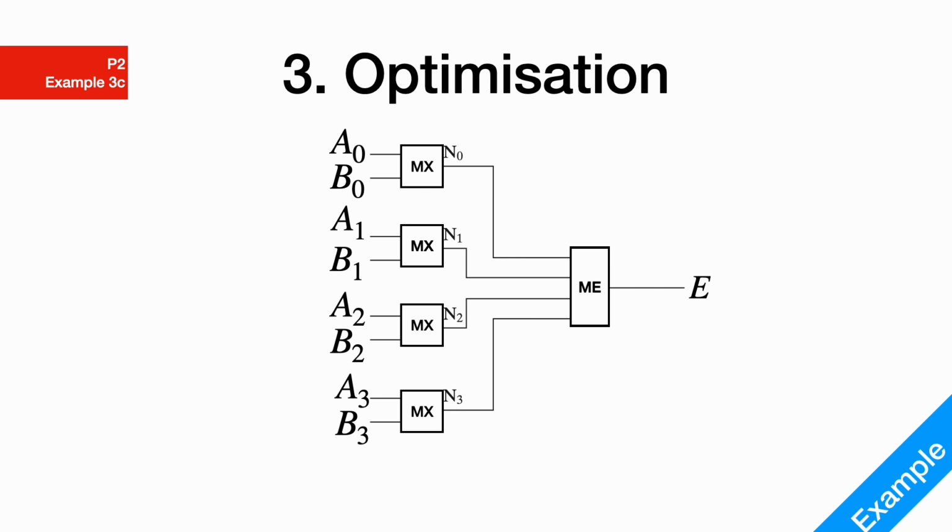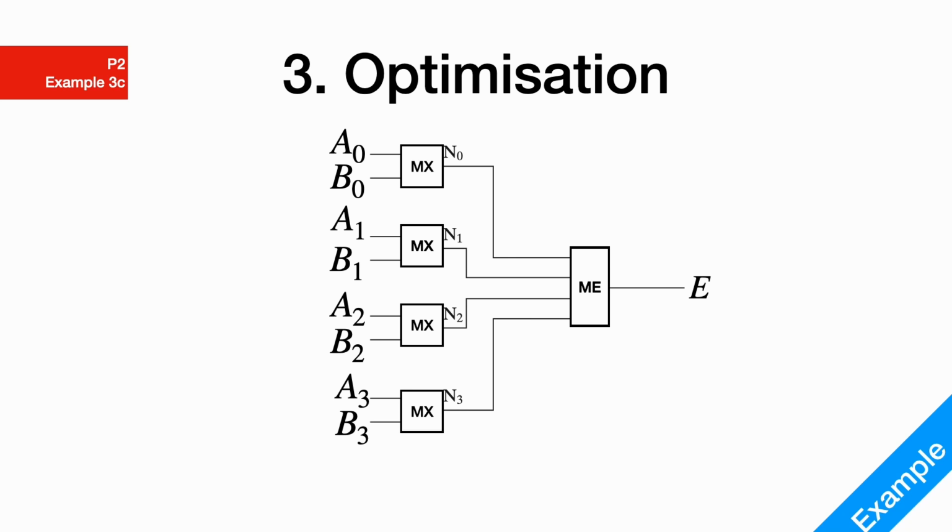You no longer need to be concerned with their internal designs. If it's designed properly, it will always work. So first of all, you would do pairwise comparison using the MX units, and then all of the outputs from the MX units are fed into the ME unit to compose the final output E, to determine whether they're all equal or not.